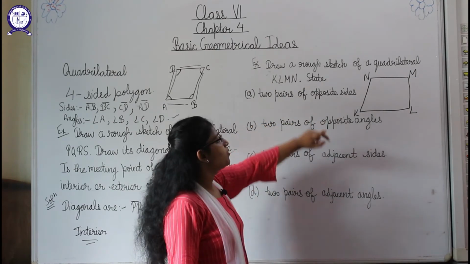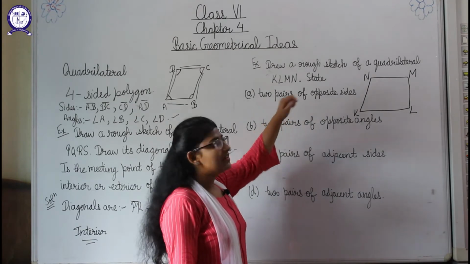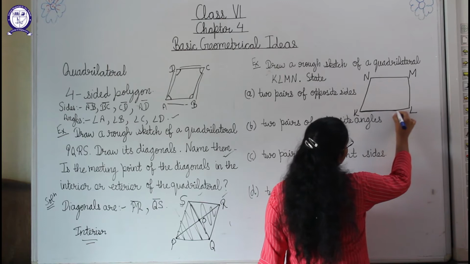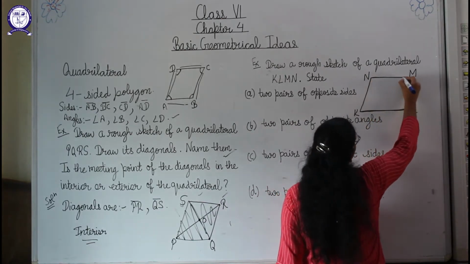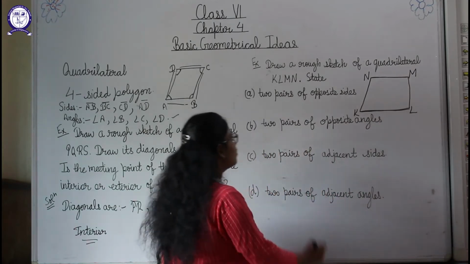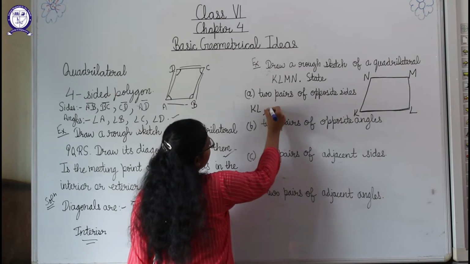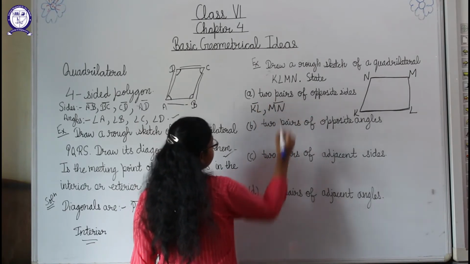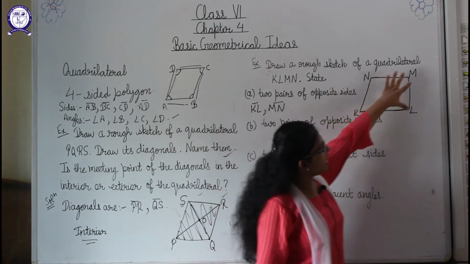Now two pairs of opposite sides. We have to tell the two pairs of opposite sides. So what are opposite sides, students? This KL is one of the sides and its opposite side will be this one, MN. So one pair is KL and MN. These two are opposite sides. Now the next pair, KN and ML.